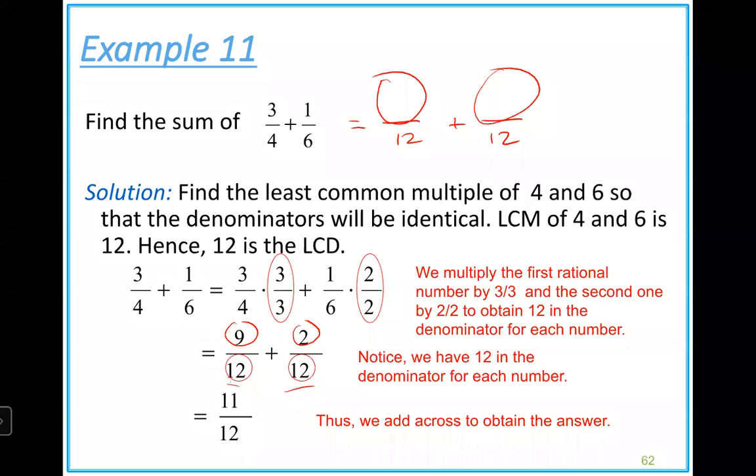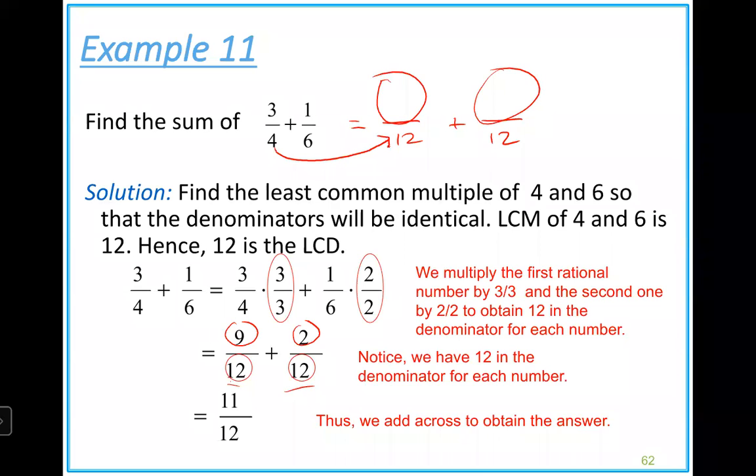Because, yeah. They're saying they multiply the first rational number by 3 because 3 is the... 3 over 4. Okay, look at this.